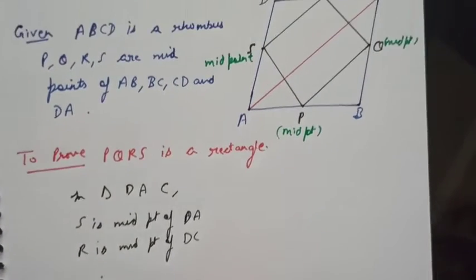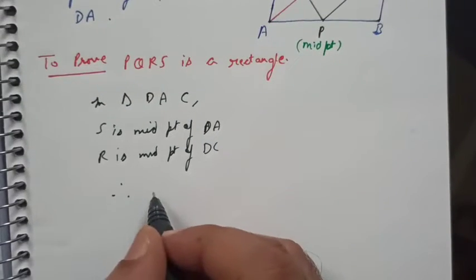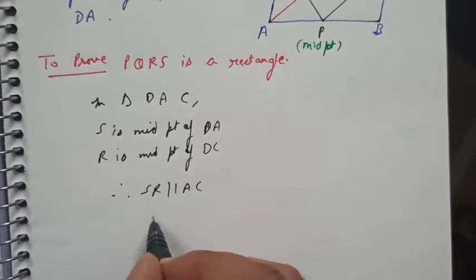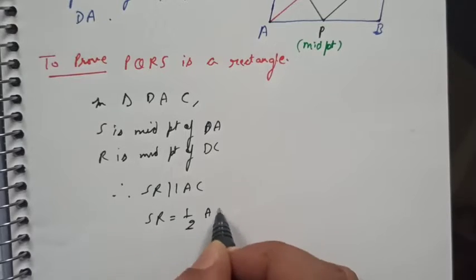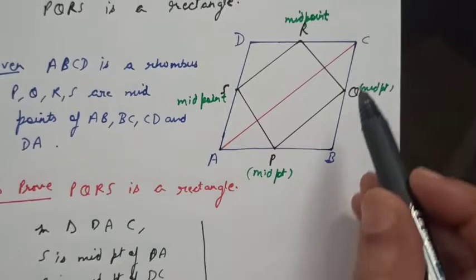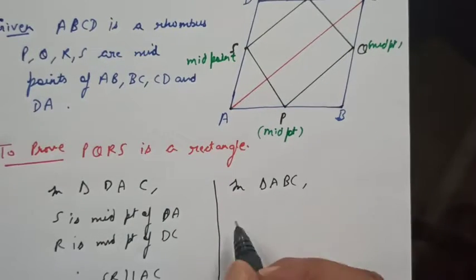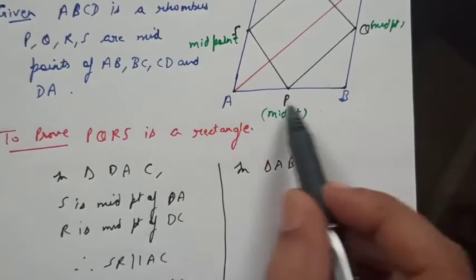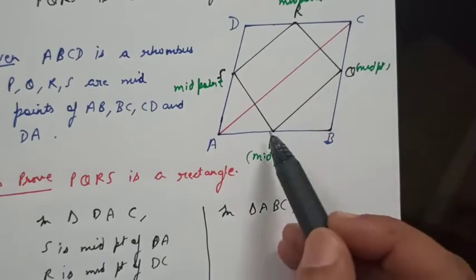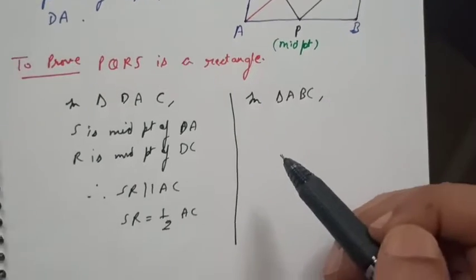Therefore, SR is parallel to AC, SR is half of AC. SR is parallel to AC and SR is equal to half of AC, right? In another triangle ABC, P is the midpoint of AB, Q is the midpoint of BC. Therefore PQ will be parallel to AC and PQ will be half of AC by midpoint theorem.